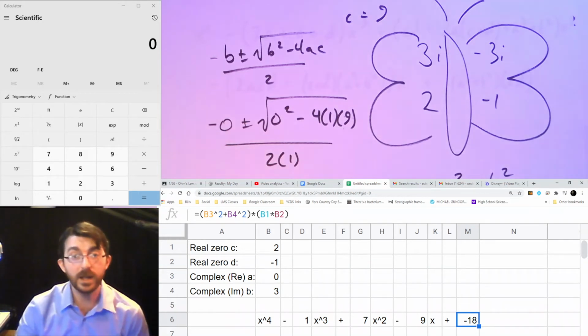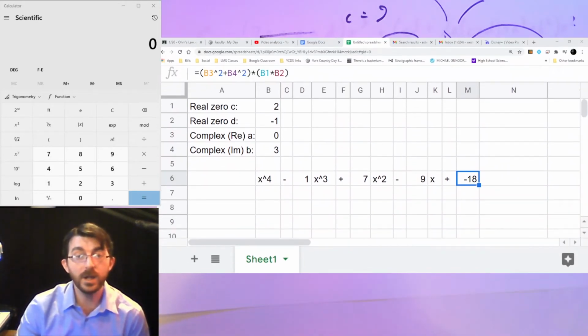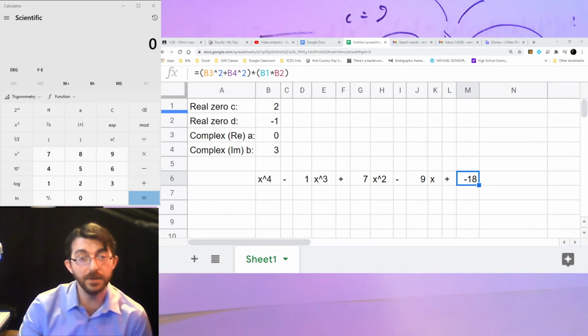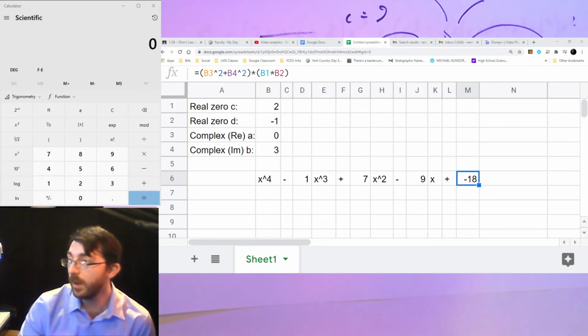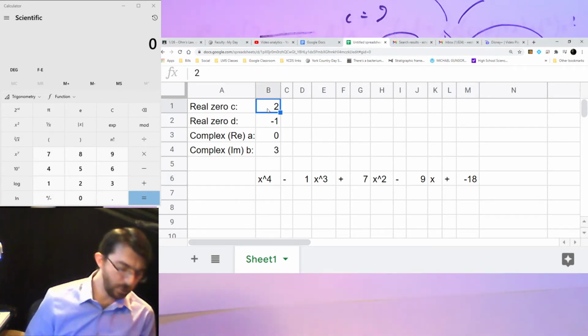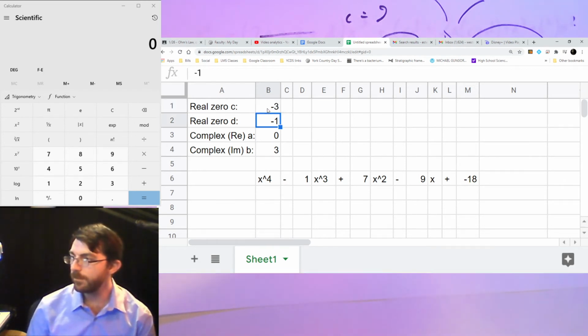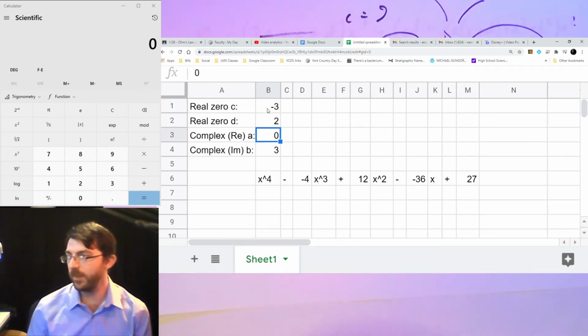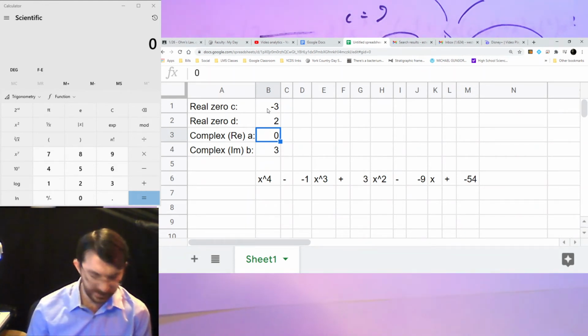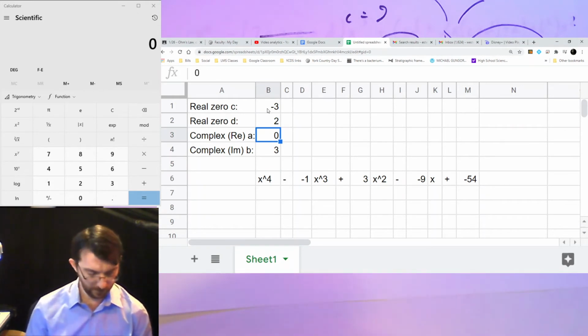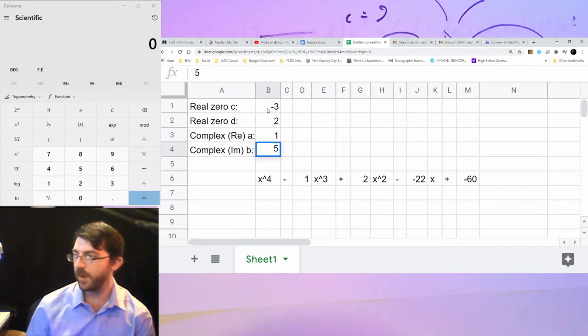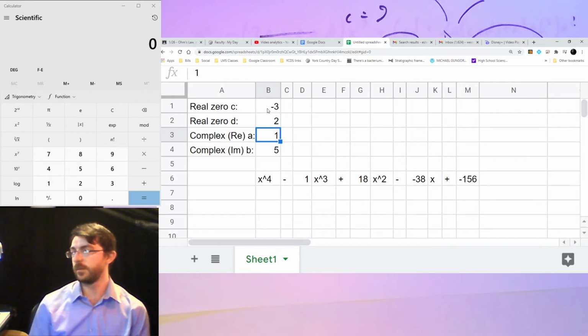So essentially what I can do with this is when I go to make a question, I can just choose what the answer is and it'll make a problem for me. So let's say I want the two real zeros to be -3 and +2, and then the complex zeros can be 1 plus 5i and 1 minus 5i.